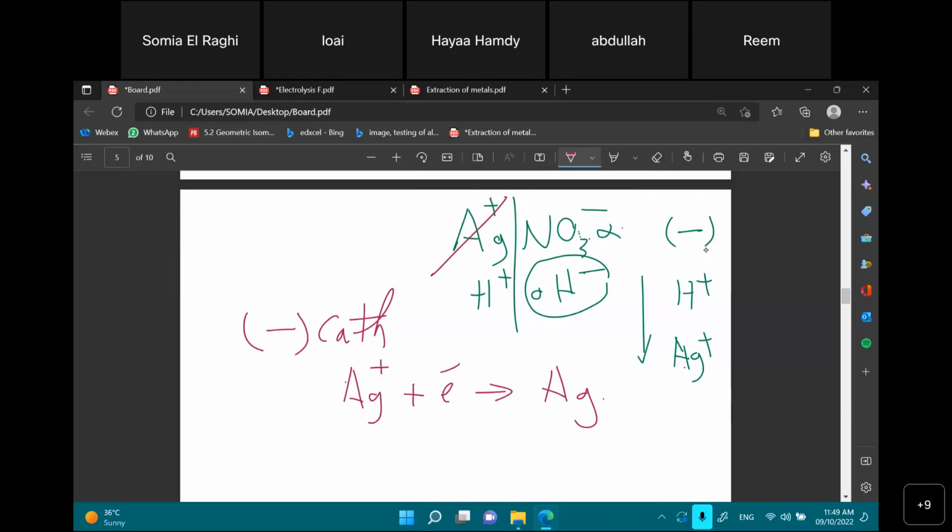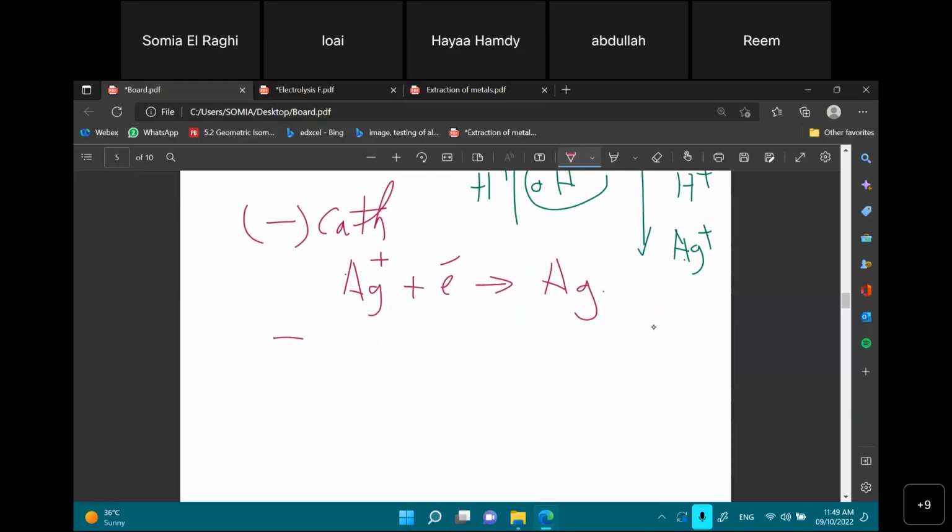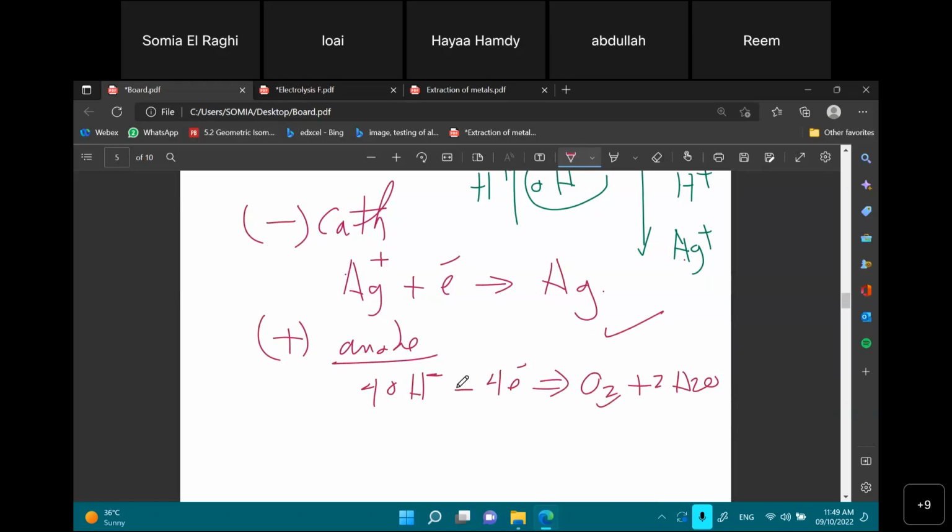We said a nitrate never forms a product at anode area. So the common equation at anode, I think all of you memorized it now: 4OH minus, subtract 4 electrons, we get oxygen and water. So we get silver with oxygen gas.